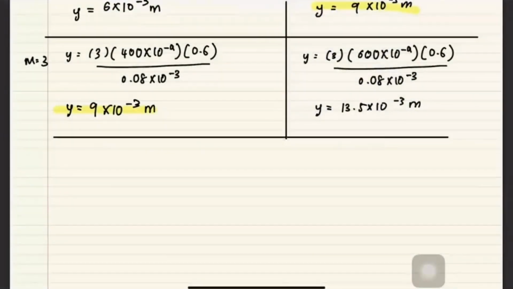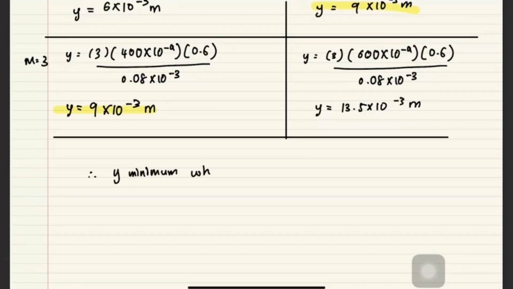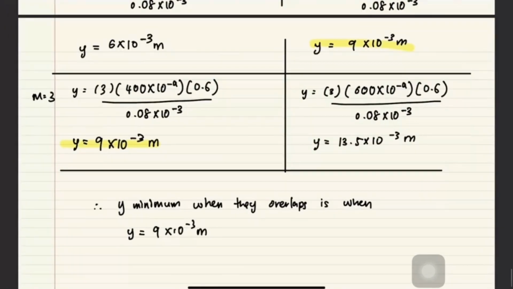Tapi dia tak tanya number of order, dia just tanya nilai yang terkecil tu. So therefore y minimum when it overlaps is when y equals to 9 times 10 negative 3 meter. Okay. Faham ke tidak?